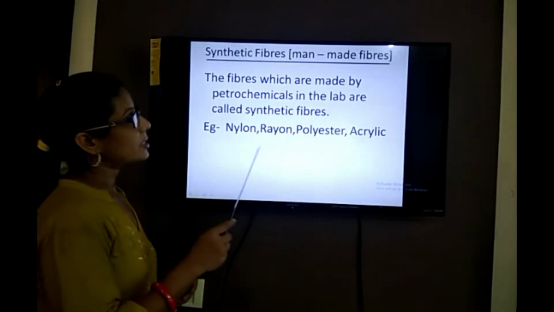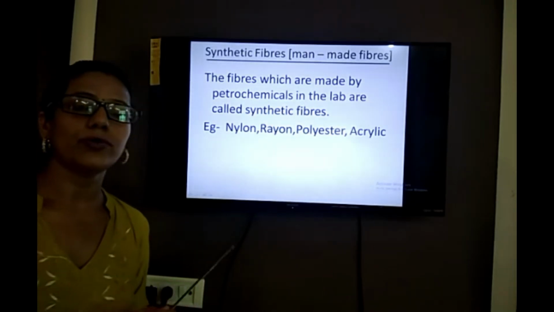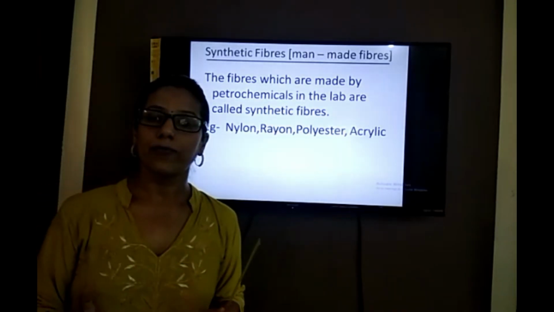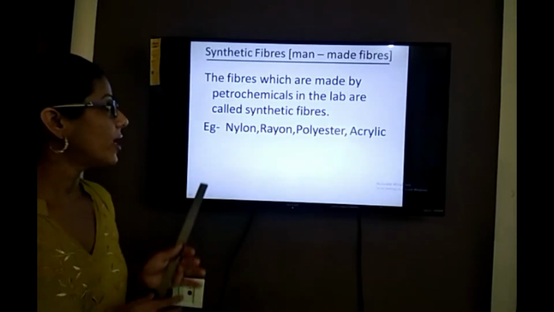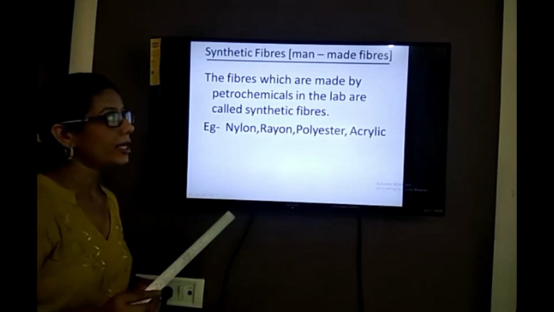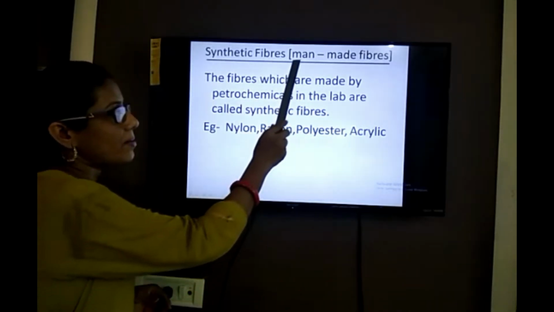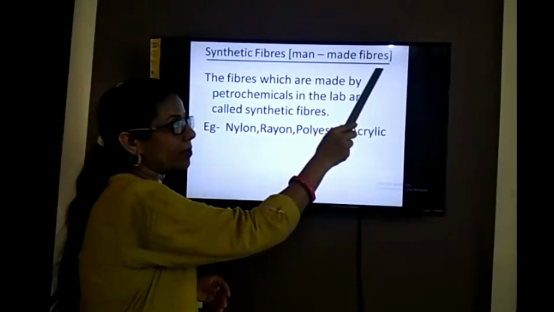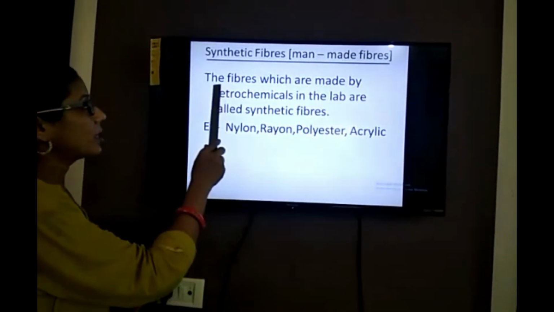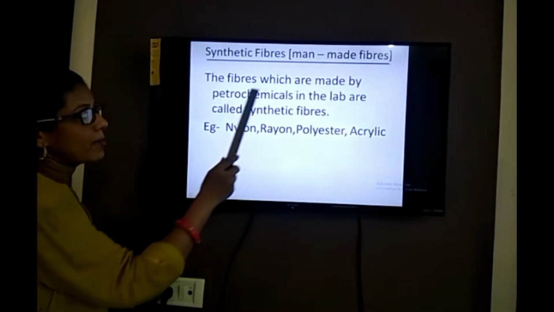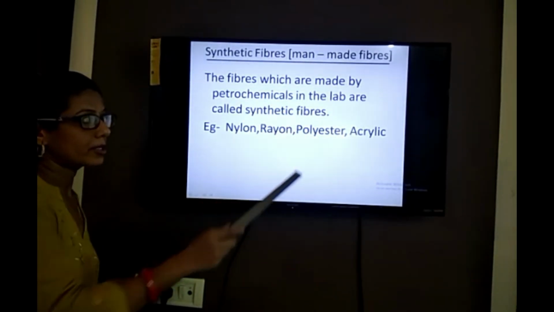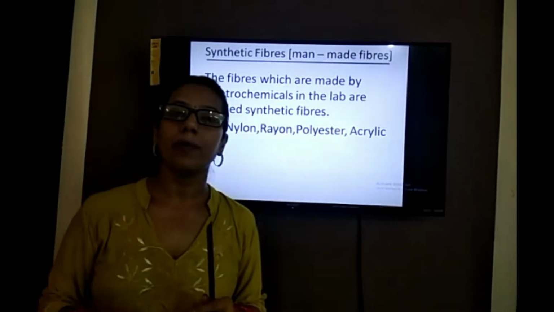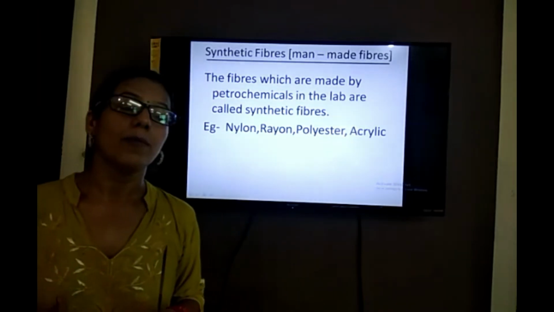The next type of fibers are synthetic fibers, because there are two types of fibers, natural fibers and synthetic fibers. Synthetic fibers are also known as man-made fibers. The fibers which are made from petrochemicals in the lab are called synthetic fibers.